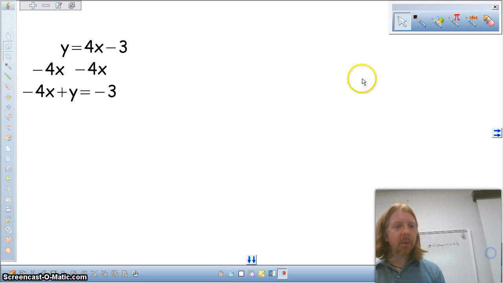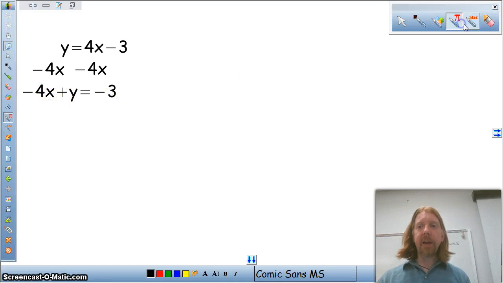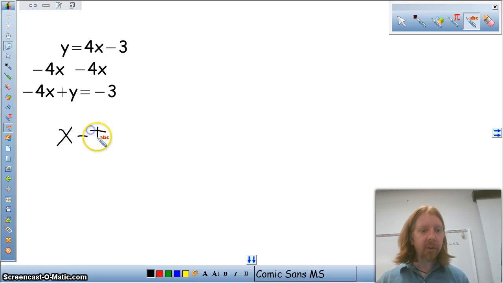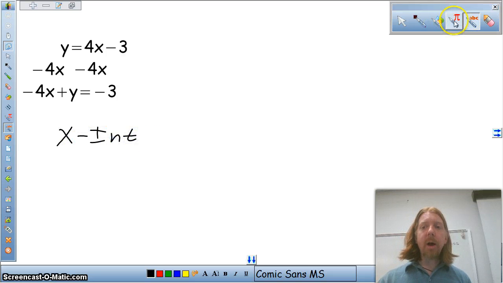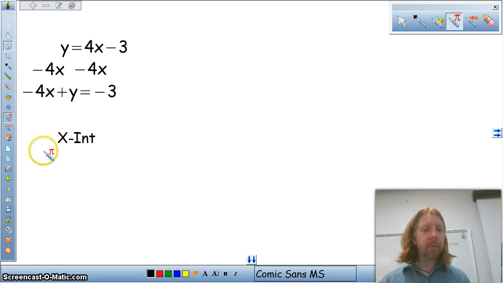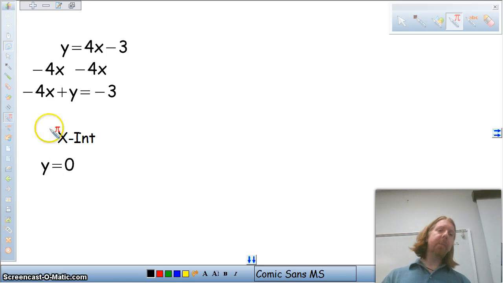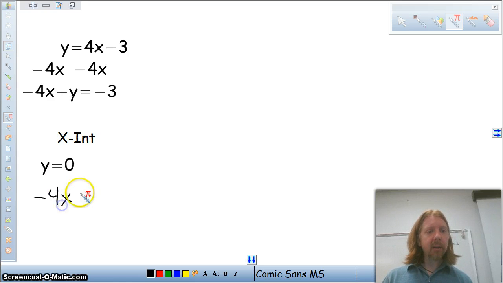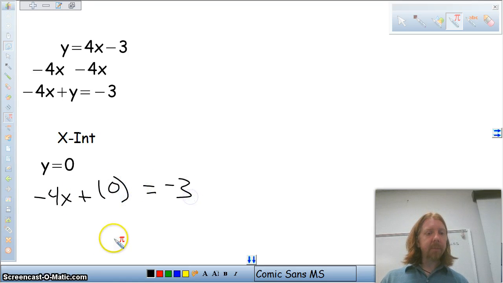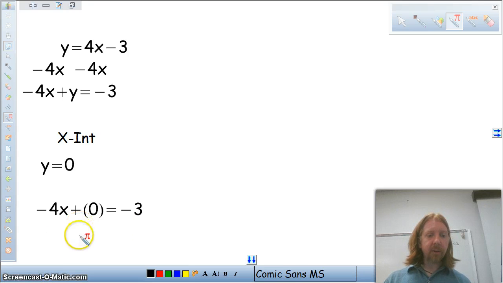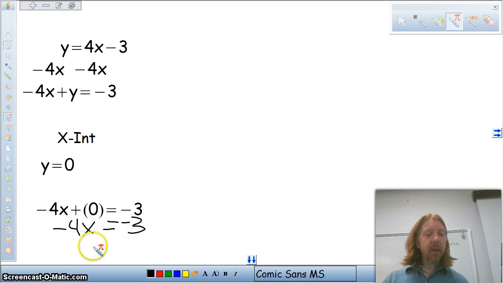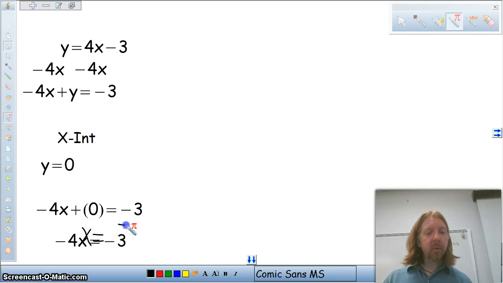So remember, for the x-intercept, we know that y is going to be equal to 0. It's always the other one. So I'll put that in. So negative 4x plus 0 equals negative 3. So that now gives me negative 4x is equal to negative 3.